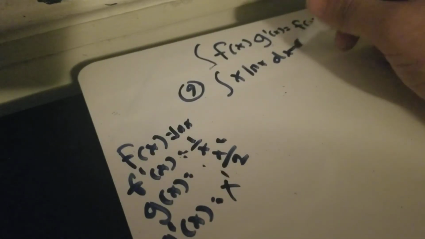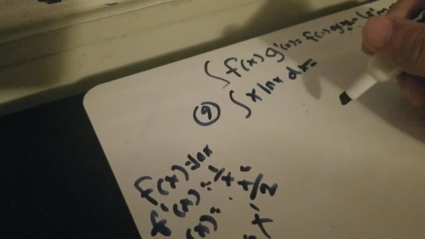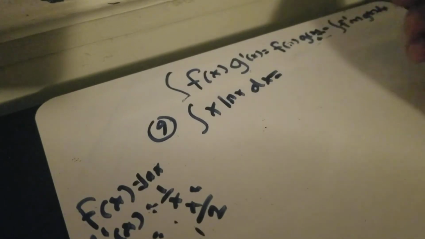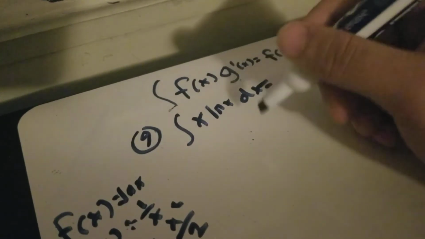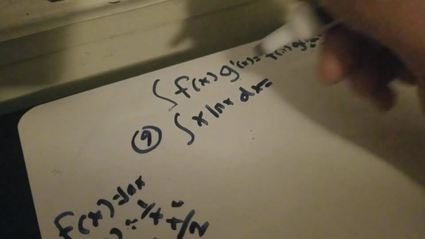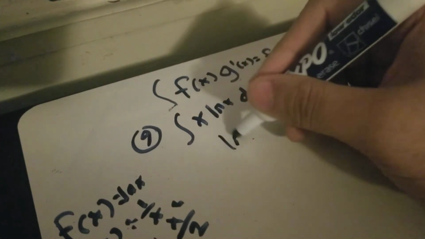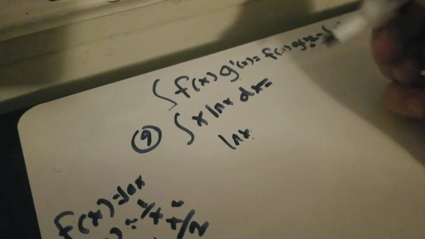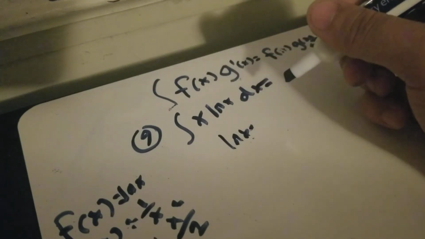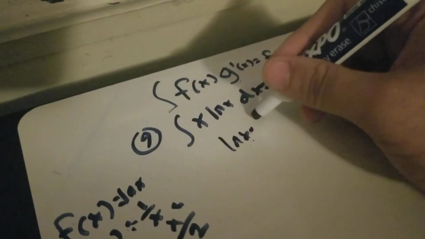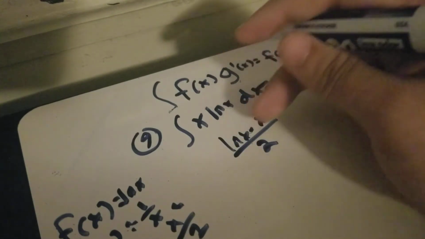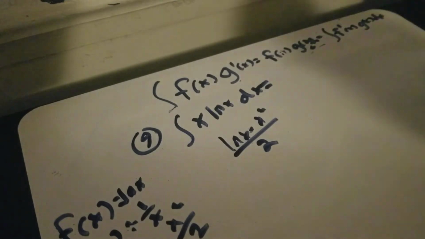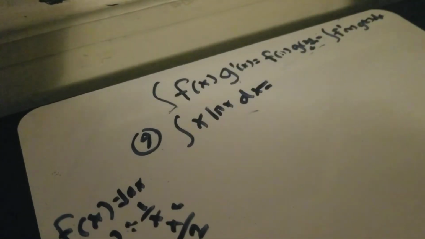Okay, so I'm going to set this equal to each other. They're all ready to go. So f of x is ln x times g of x, which in this case is x squared over 2. I'm just going to rewrite that because I can barely read it right here.